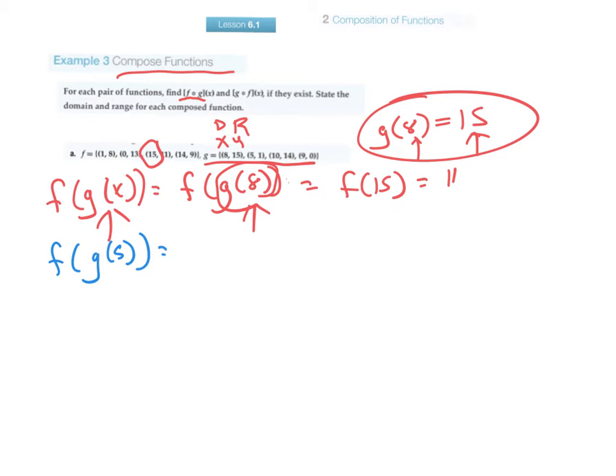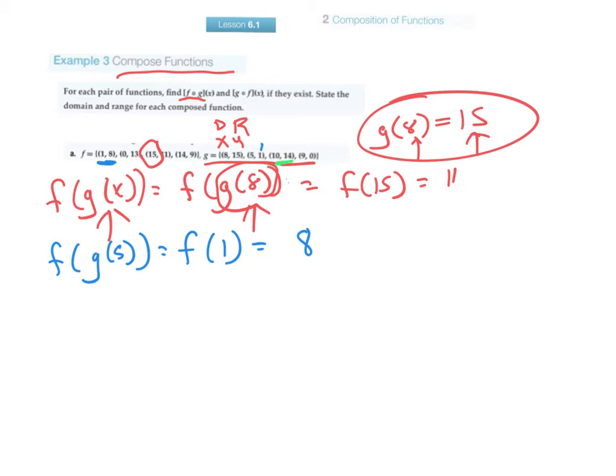Well, the G of 5 becomes the 1, because that's what G of 5 equals. Then we can put the 1 back into the F function, which becomes 8, and that's right here. So all we're doing is substituting one number for another number into another number. It just kind of repeats. So let's do the pattern again.